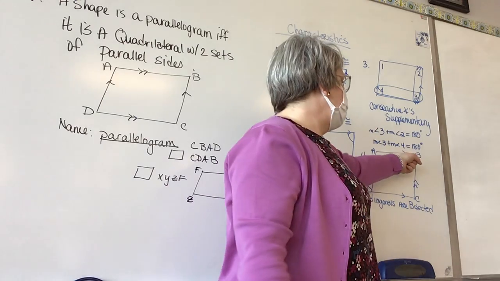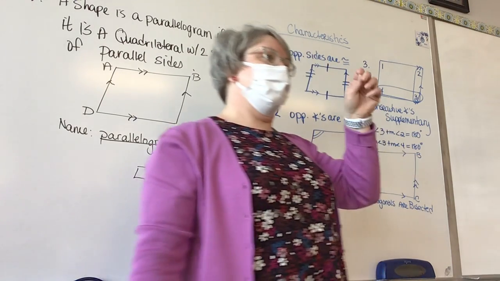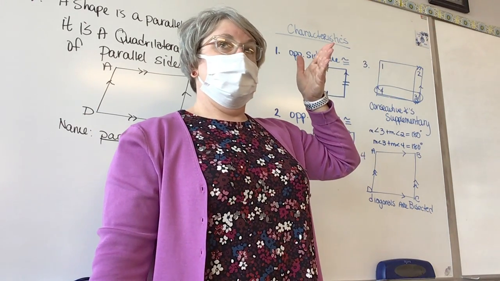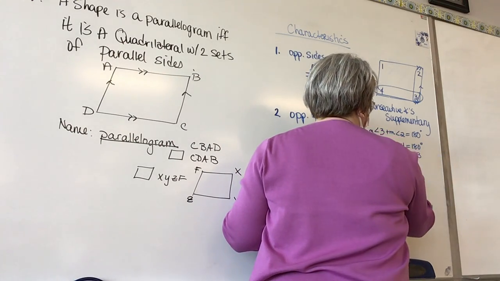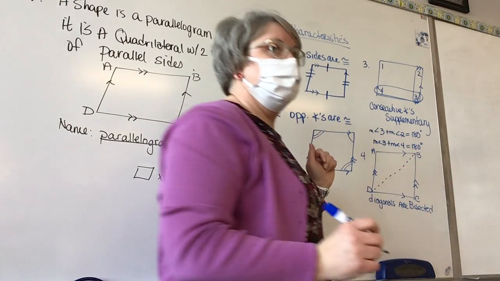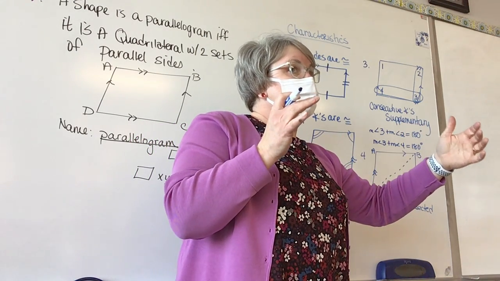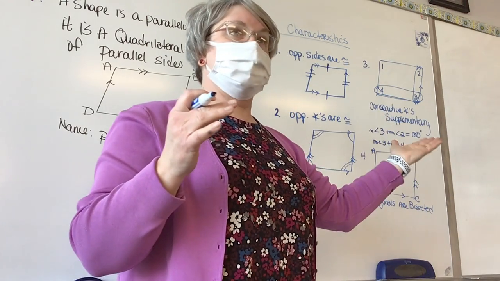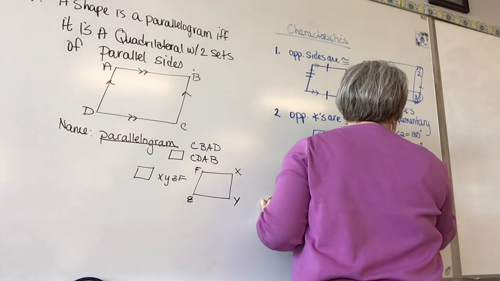So if I start at vertex B, where can I draw a diagonal to from vertex B? To D. Why only to D? Diagonals can only be drawn to non-consecutive vertices, not next door neighbors. Does that make sense?